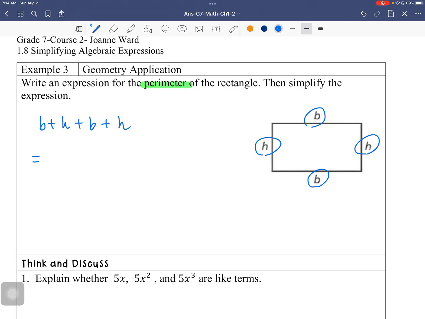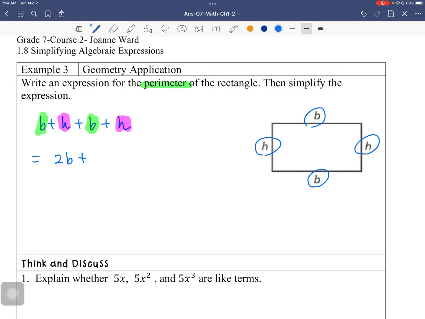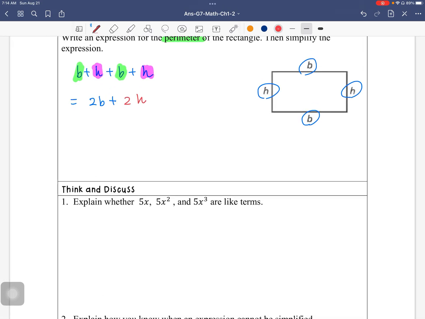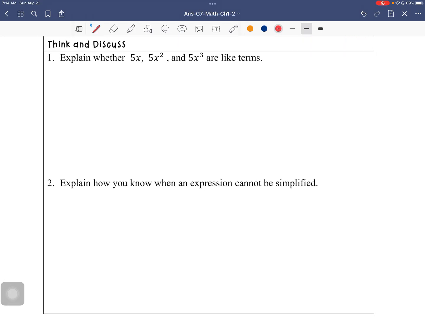I combine the like terms, so I get 2b plus 2h. Okay, and then let's do Think and Discuss, and I'll see you in class.